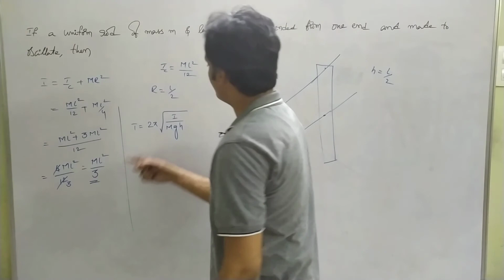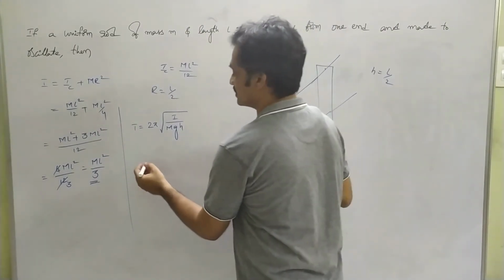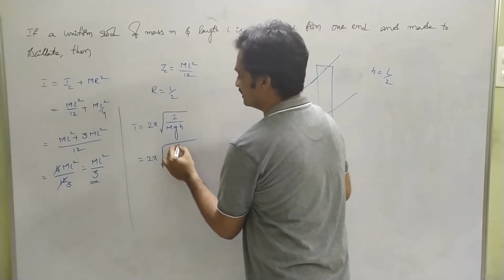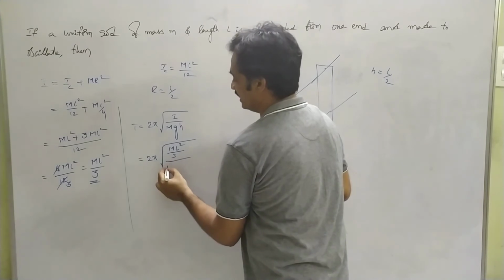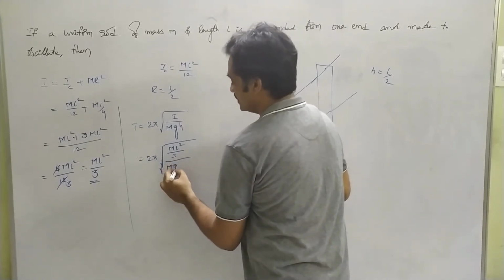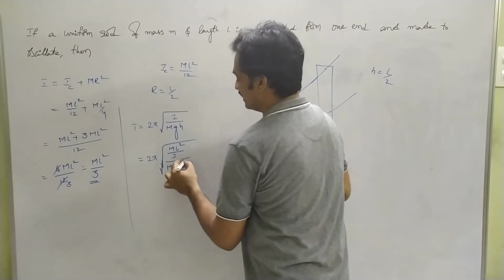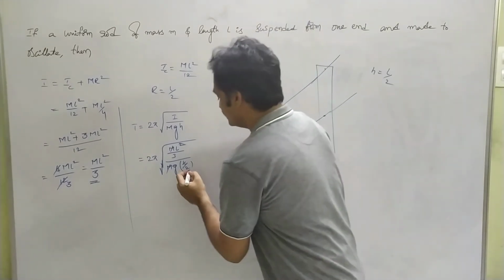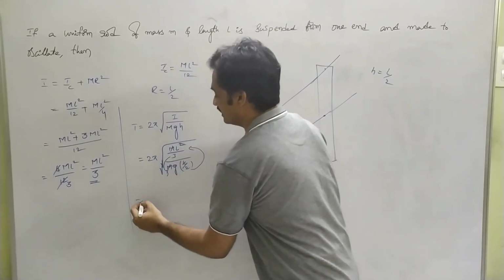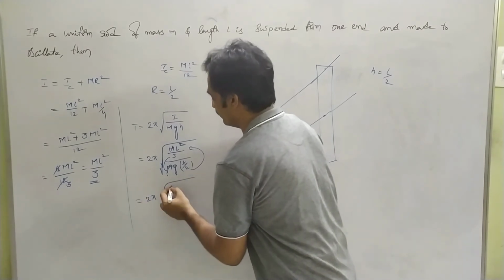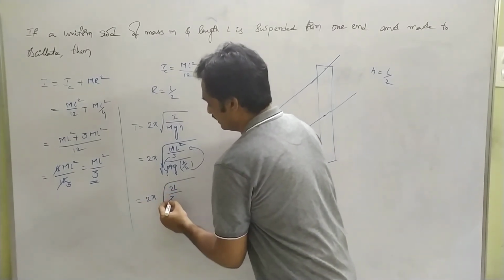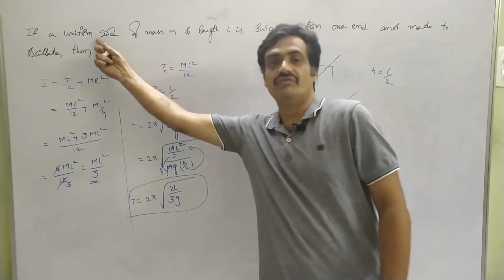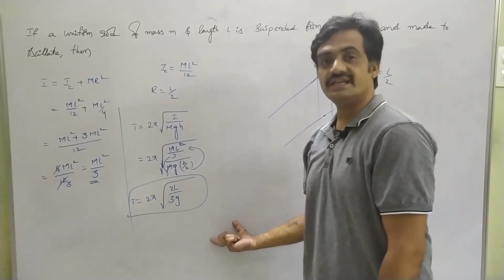As we substitute the value of I as well as h in this expression, the time period can be given as T equals 2 pi under root of ml square by 3 by mg into l by 2. Observe that one l gets cancelled and one m gets cancelled. Then this 2 goes up and 3 comes down. Then the time period can be represented as 2 pi under root of 2l by 3g. So this represents the time period of a uniform rod of mass m and length l. Take a screenshot.